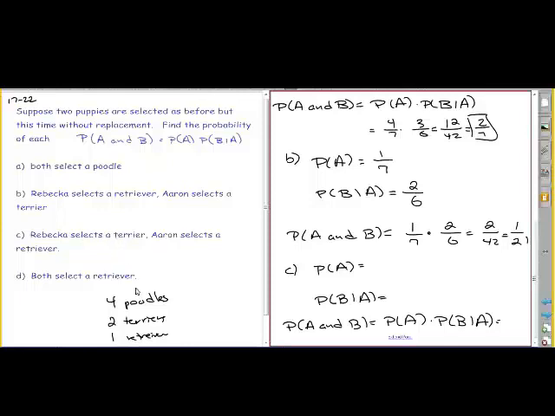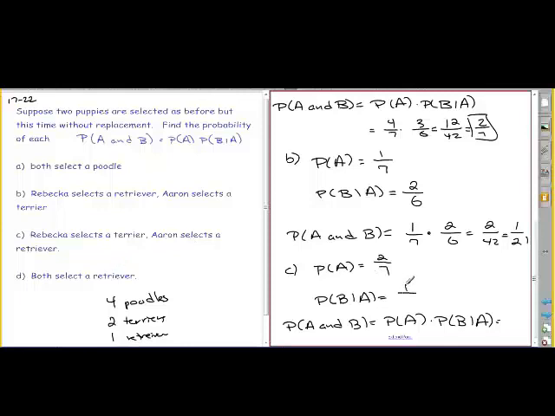Okay, so I'm going to ask you the questions here to answer. Rebecca selects a terrier. So we're starting back with 7 dogs. How many terriers are there to start with? 2. And how many dogs? 7. Okay. Now, once one of the terriers is chosen, we have 4 poodles, 1 terrier, and 1 retriever. So Aaron selects a retriever.